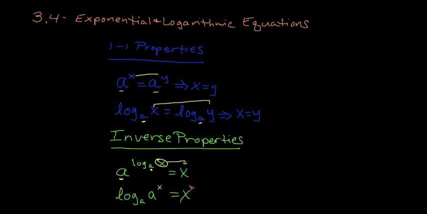If we have a logarithmic function, we look at the base of the logarithm and this number, and if they're the same as each other, then the same idea applies: the exponent itself is our solution. So we're going to use those ideas, in both exponential and logarithmic form, to solve these problems.